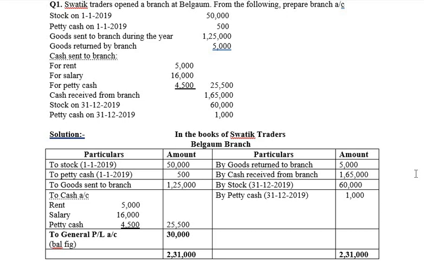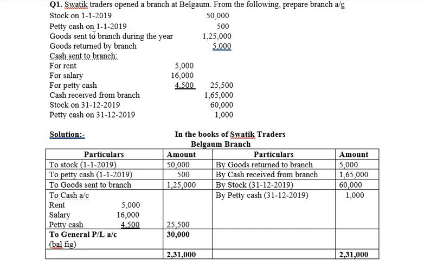Let's look into it. Now this is the opening stock. Opening stock goes to the debit side. To stock 1/1/2019, 50,000. Next, petty cash on 1/1/2019 is 500. This is again an opening amount which goes to the debit side. To petty cash on 1/1/2019, 500.